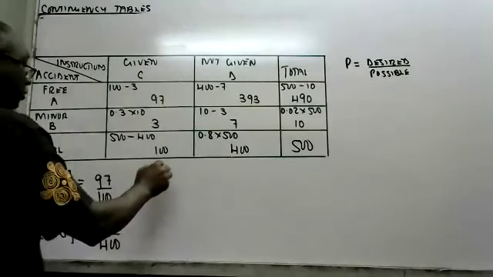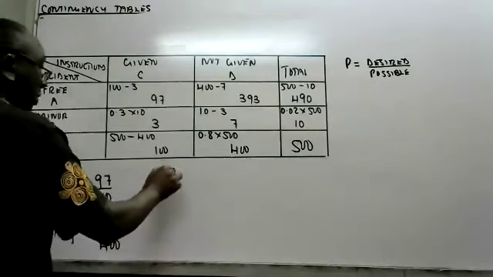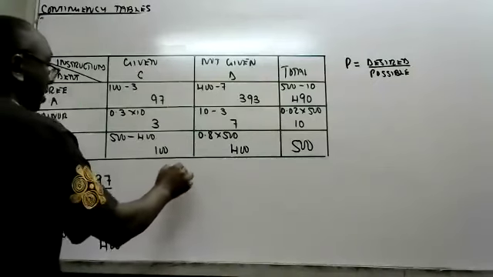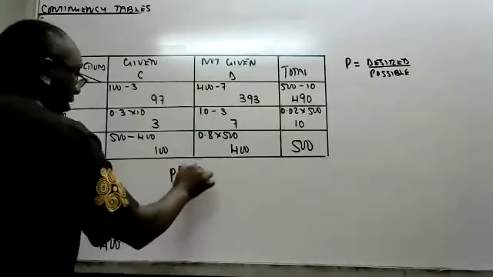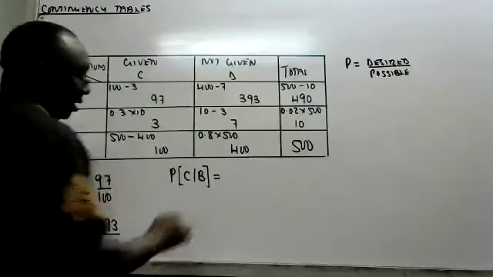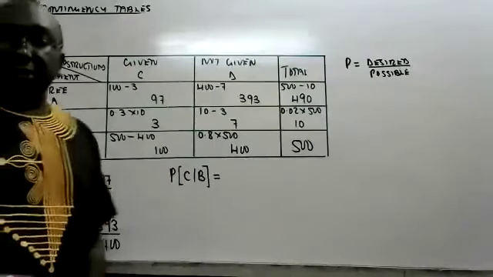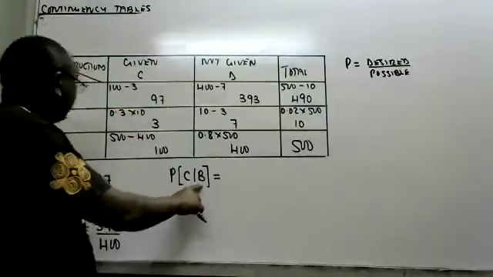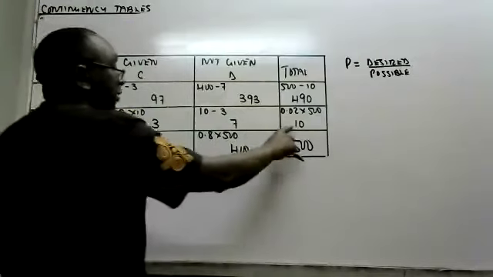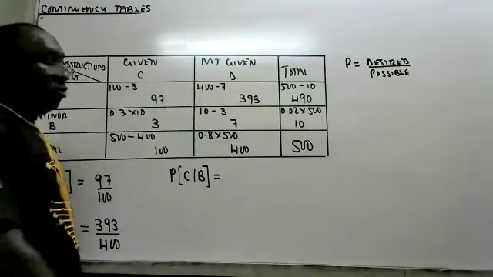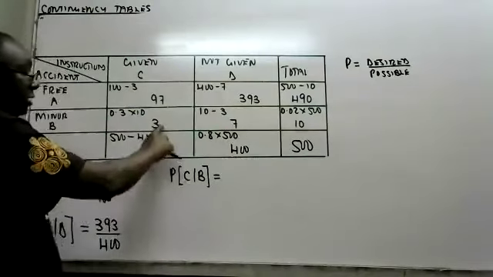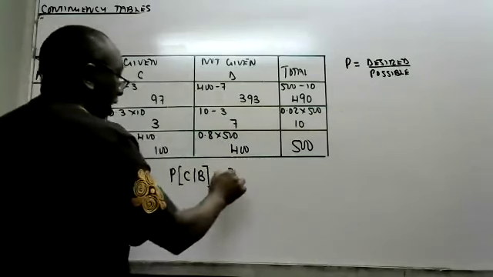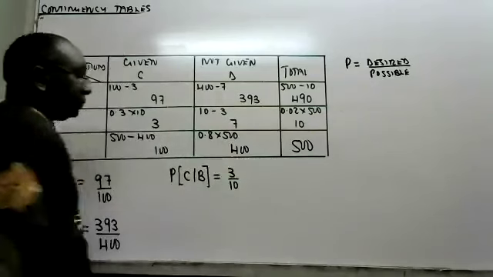If you are told to get probability of C given B, you go to where there is B, which is 10, and then you look for C there. It is 3. So 3 out of 10.